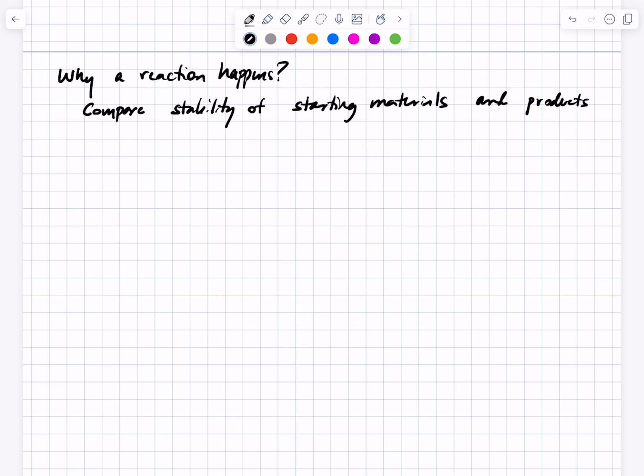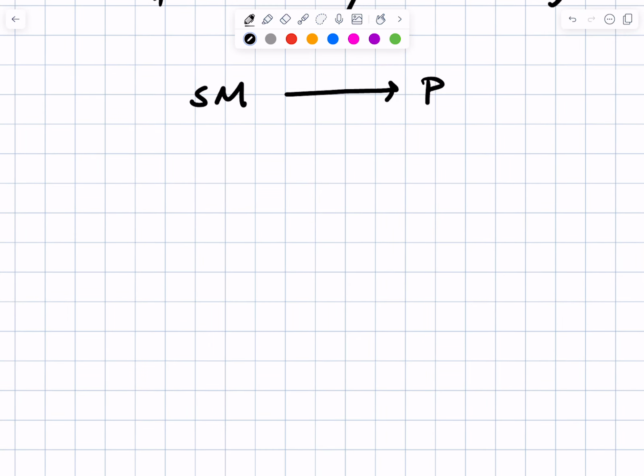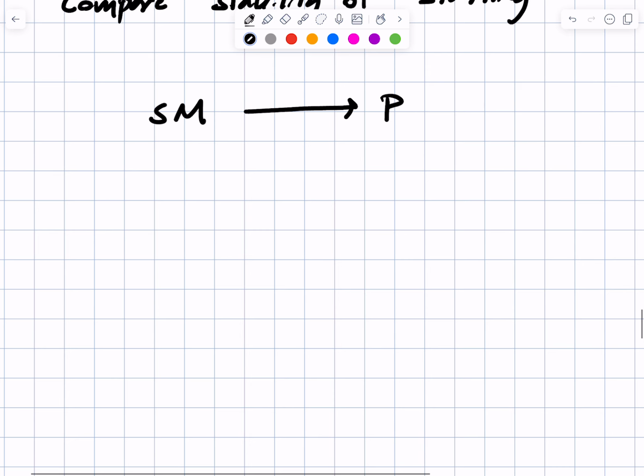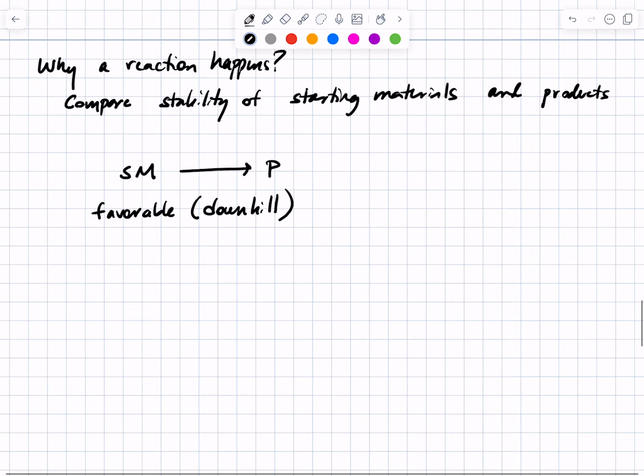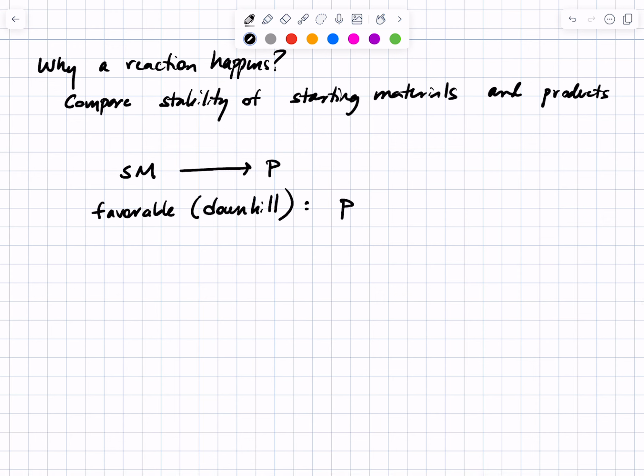So, for example, imagine a reaction where we have a starting material going to a product, and you imagine, is the reaction favorable? If the reaction is favorable or downhill, the only way that can happen is products are more stable, or alternatively less reactive, than starting materials.